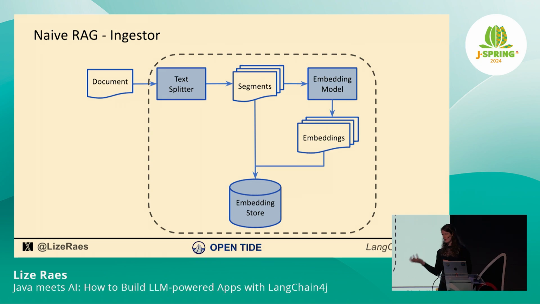Those vectors, those embeddings, together with the segments, we store in an embedding store. An embedding store is a type of database that's specifically optimized to very easily find vectors that are close. That's the first phase. It's in a different cycle of your program than when the user actually asks the question. So this happens before. You pre-populate that embedding store.